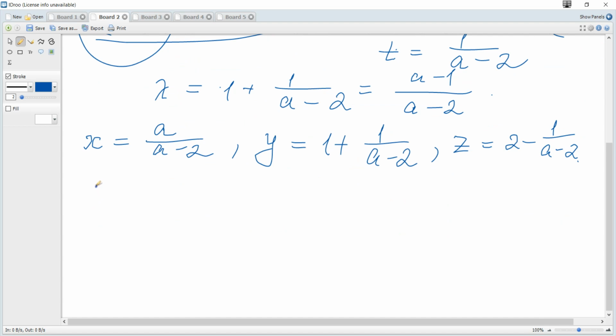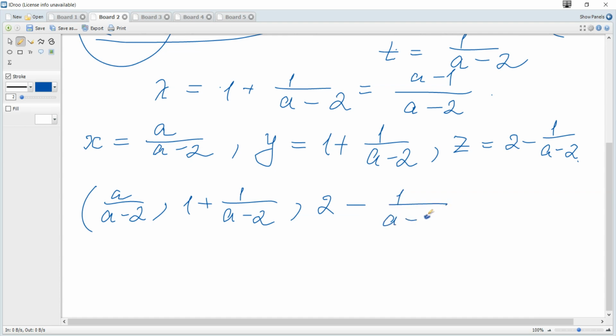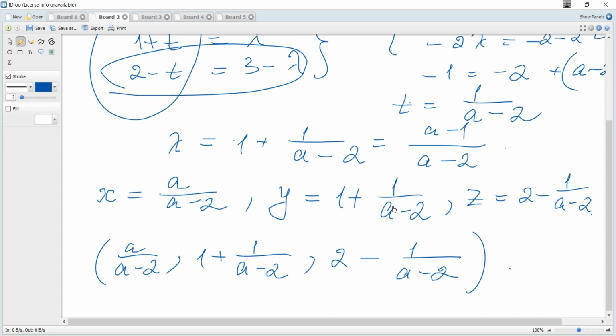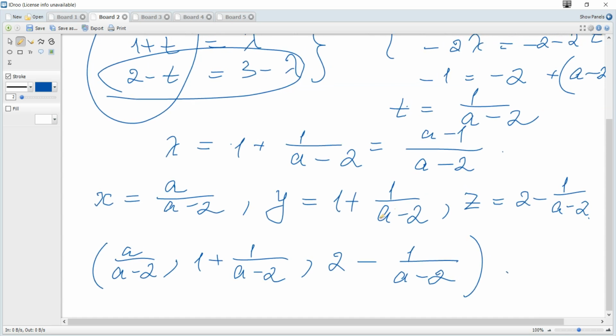Hence coordinates are a over a minus 2, 1 plus 1 over a minus 2, and 2 minus 1 over a minus 2. And that's all for this question.